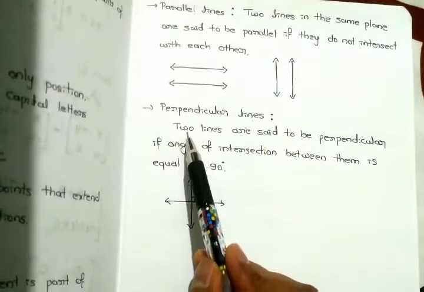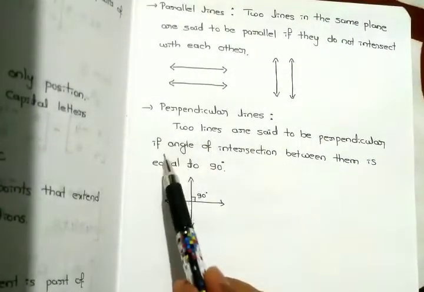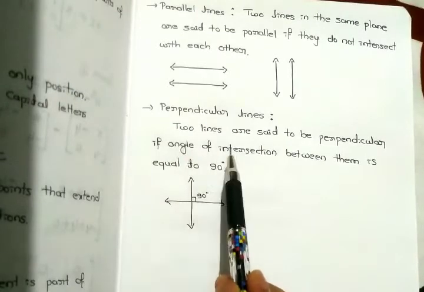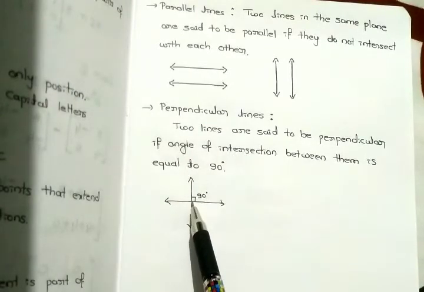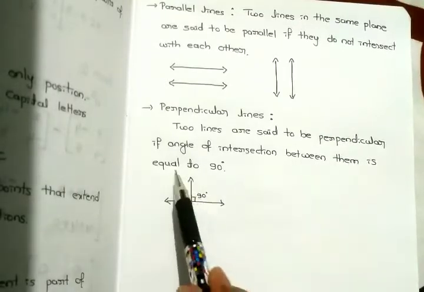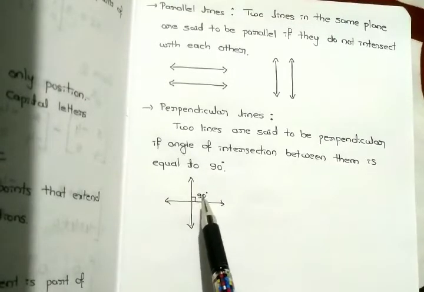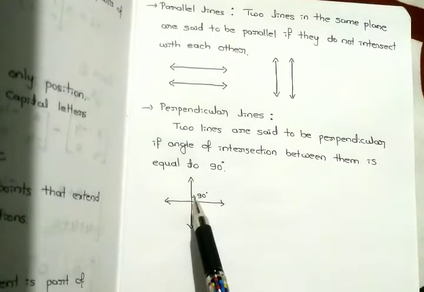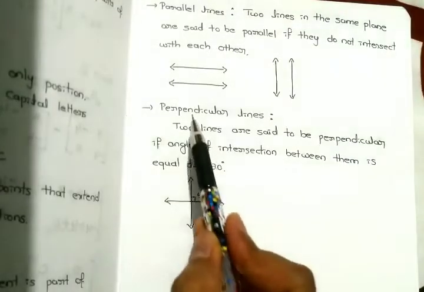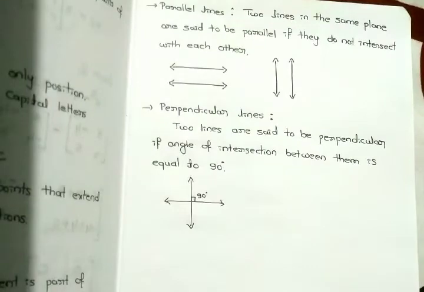Therefore, two lines are said to be perpendicular if the angle of intersection, meaning meeting point, between them is equal to 90 degree. Only then are such lines called perpendicular lines.